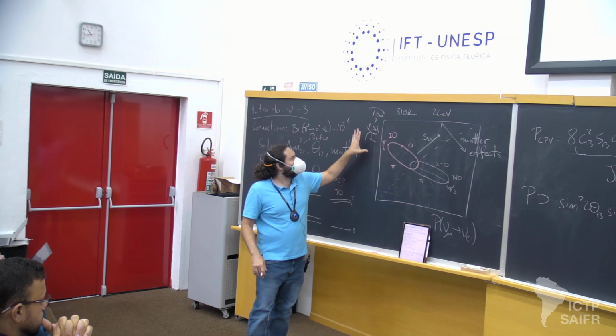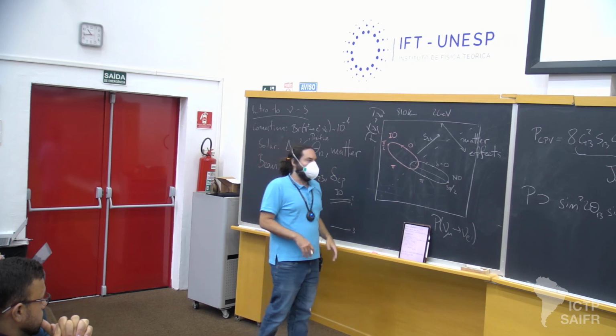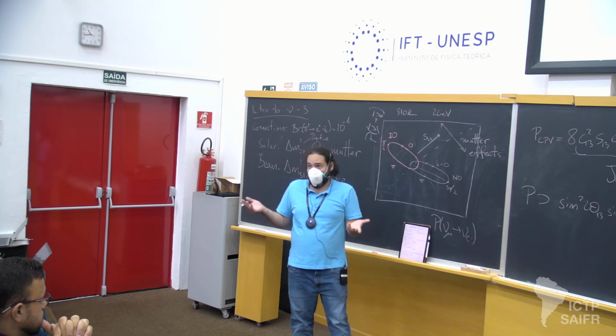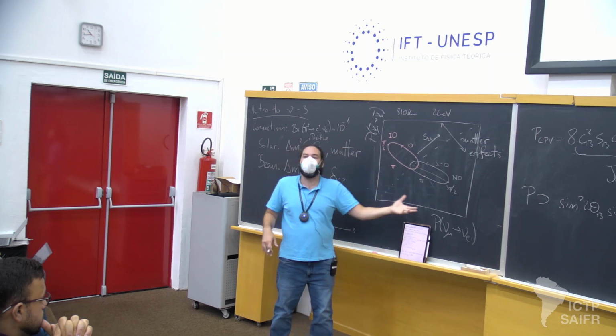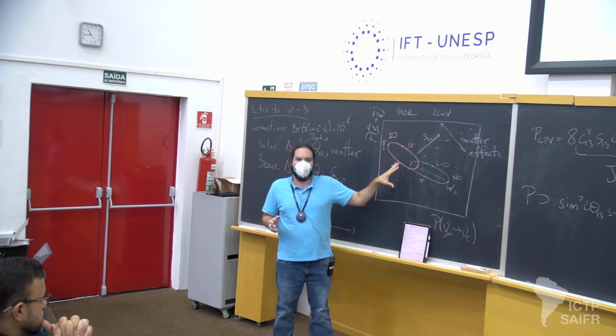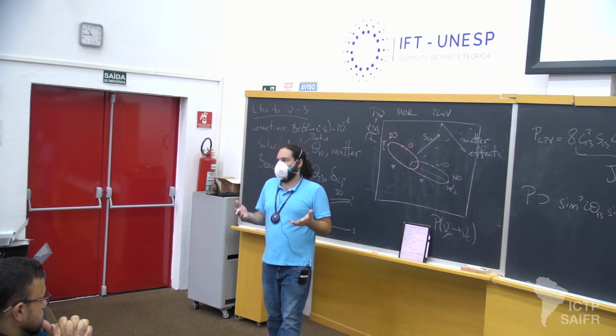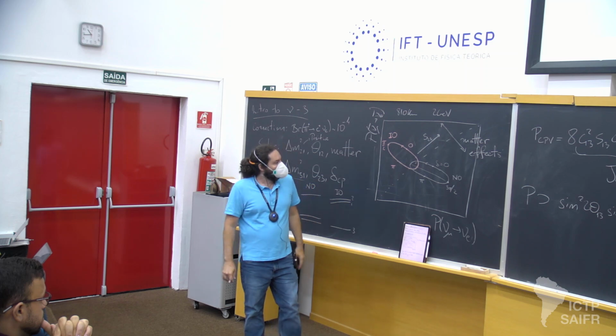Usually, experimentalists will not give you their data in terms of probabilities, for very obvious reasons. They don't measure probabilities, they measure events. But they simply give you a by-event plot, which is almost in one-to-one correlation to that for experiments like NOvA and T2K, for experiments where the beam is very narrow.